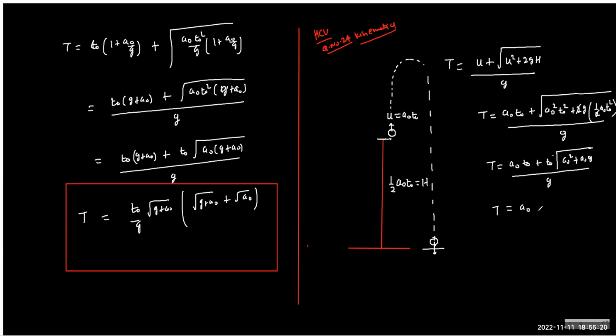Something is missing in our equation. Something is wrong, you need to check this. So you can take a naught square common. A naught t naught, that's the better way of writing. This is a by g naught.